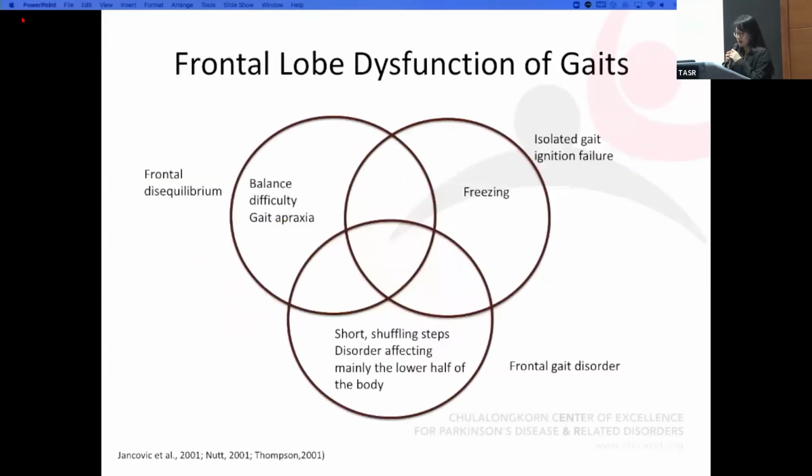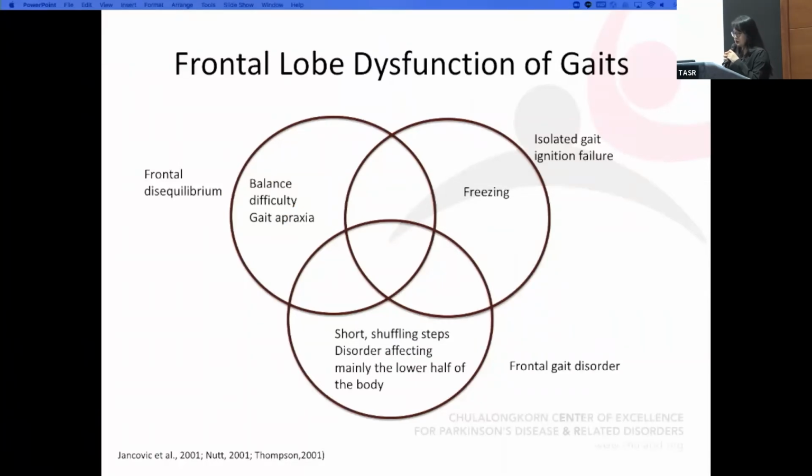This is a figure showing the relationship of the three different subtypes arising from frontal lobe dysfunction. Frontal gait disorder, frontal disequilibrium, and isolated gait initiation failure are frequently difficult to separate from each other and might be considered various presentations of frontal lobe dysfunction, as they can overlap over time.